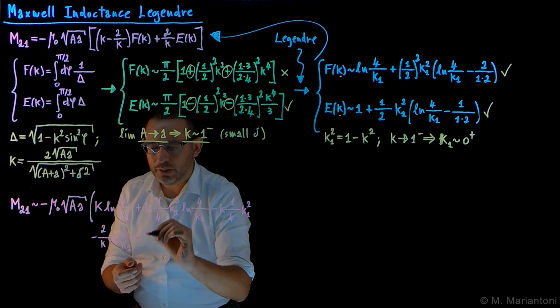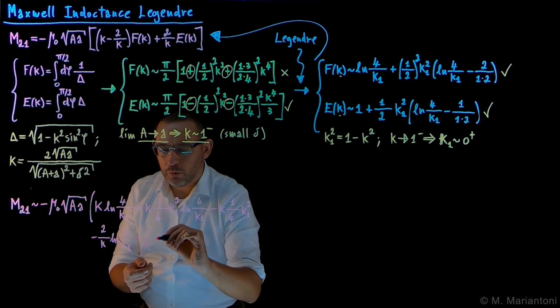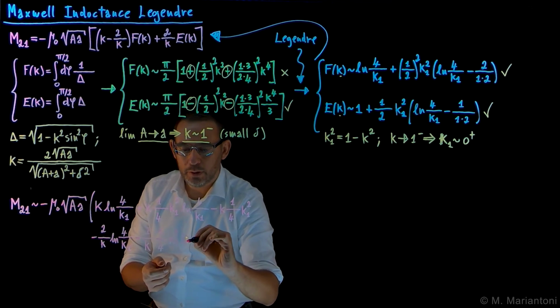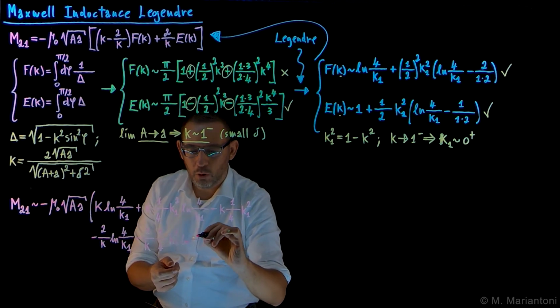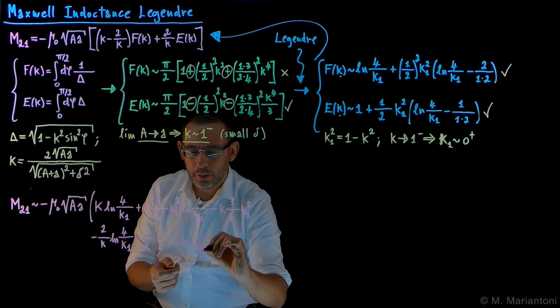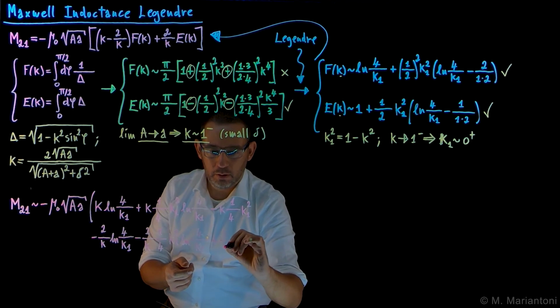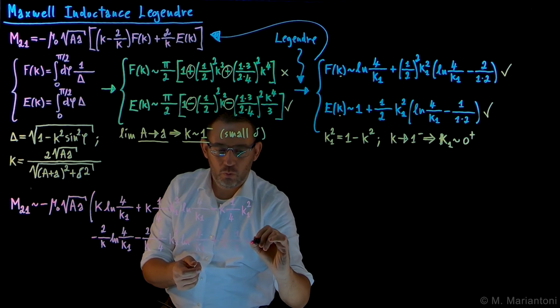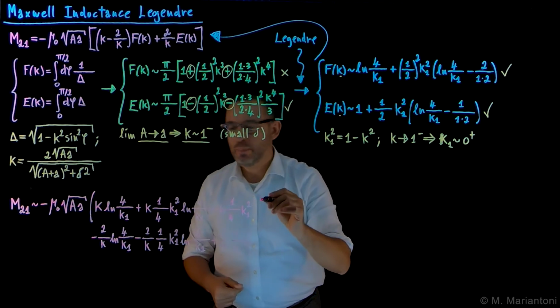This plus becomes minus, k becomes 2 over k, 1/4 k1 square, natural logarithm of 4 divided by k1, and finally minus becomes plus 2 over k, 1/4 k1 quantity square.